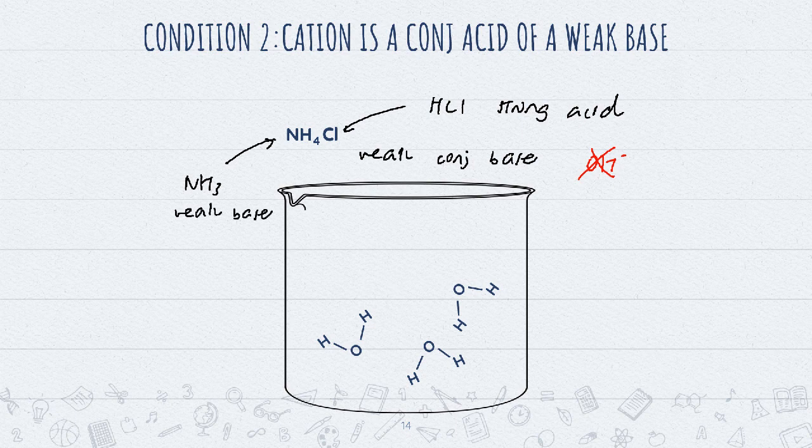Once again, using the relationship, this means that ammonium has to be a strong conjugate acid. So now let's watch the animations and see what a strong conjugate acid will do in water.